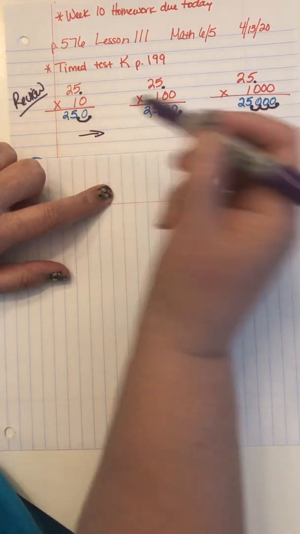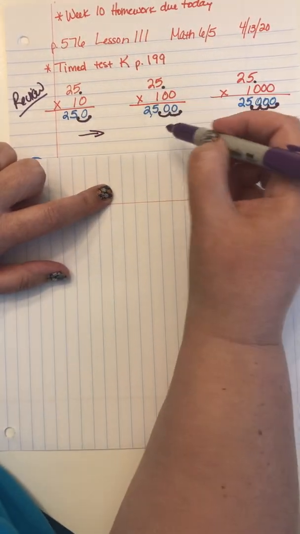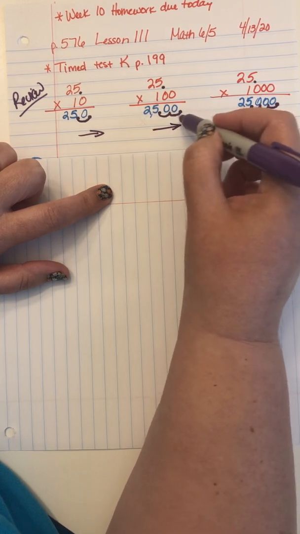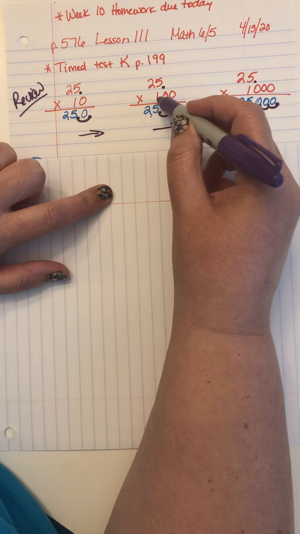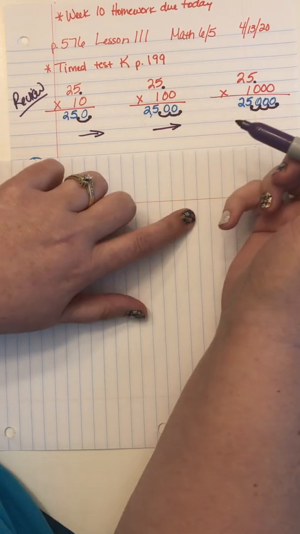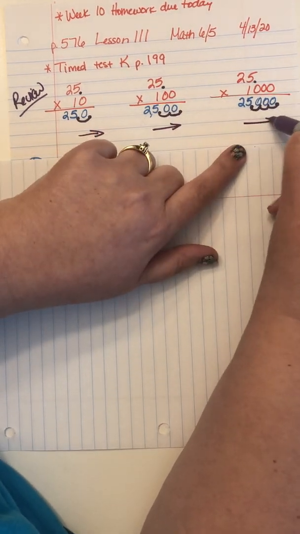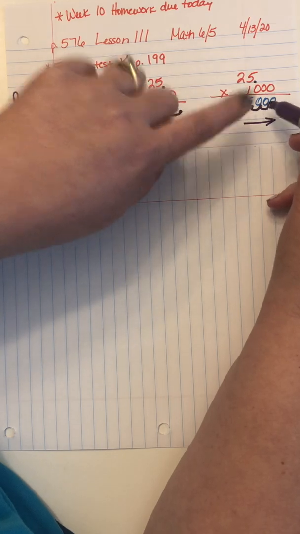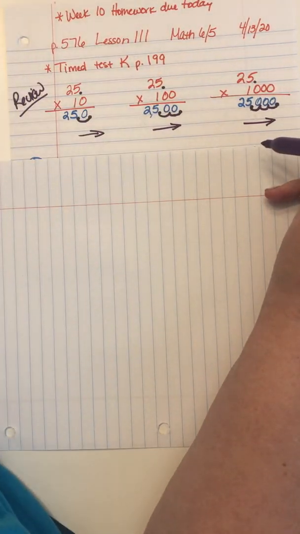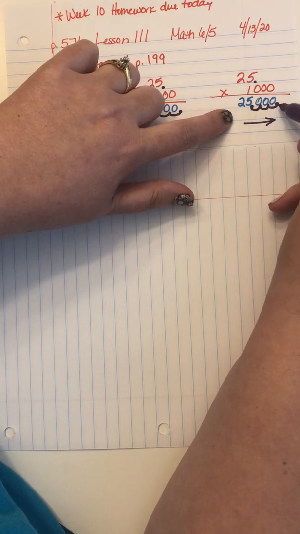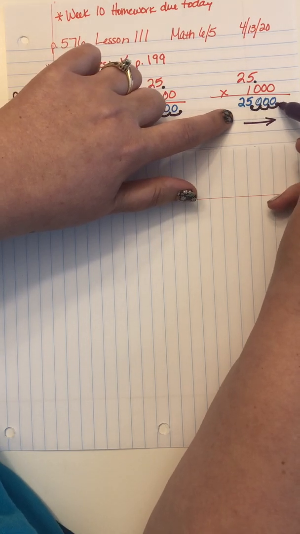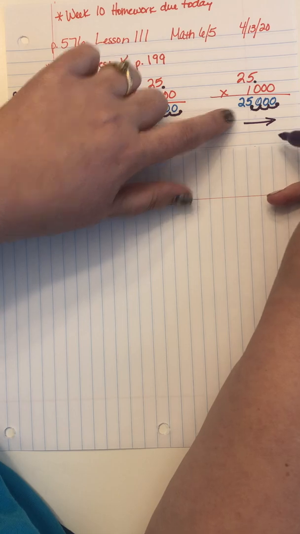We're moving to the right because these numbers are multiplied, so they're getting bigger. We moved our decimal place 2 places to the right. 100 has 2 zeros. We moved our decimal place from our original number to our answer. That's what I'm talking about when we move our decimal place. From our original number to our answer, we moved our decimal place 3 places over to the right.